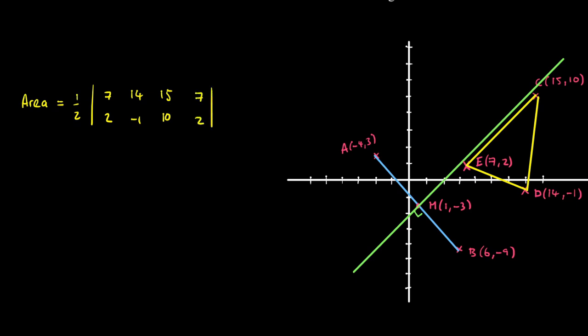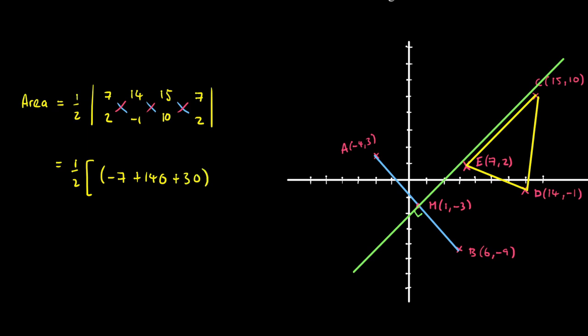Okay, now for the shoelace, I multiply all of those pairs and add them up, and I subtract off multiplying these pairs and adding them up. So let's just try to do that. So I've got half of, firstly, 7 times negative 1 is negative 7. 14 times 10 is 140. And 15 times 2 is 30.